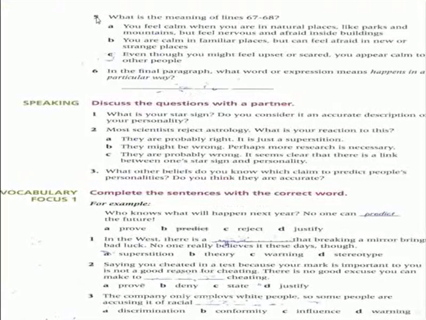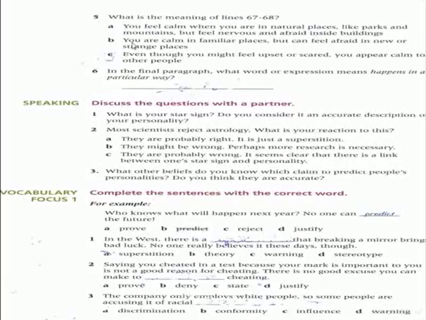Question number 5. Let's read the question. What is the meaning of lines 67 up to line 68? If you read it, you go back, you read, and then you come to the answer. You choose A. You feel calm when you are in natural places like parks and mountains, but feel nervous and afraid inside buildings.